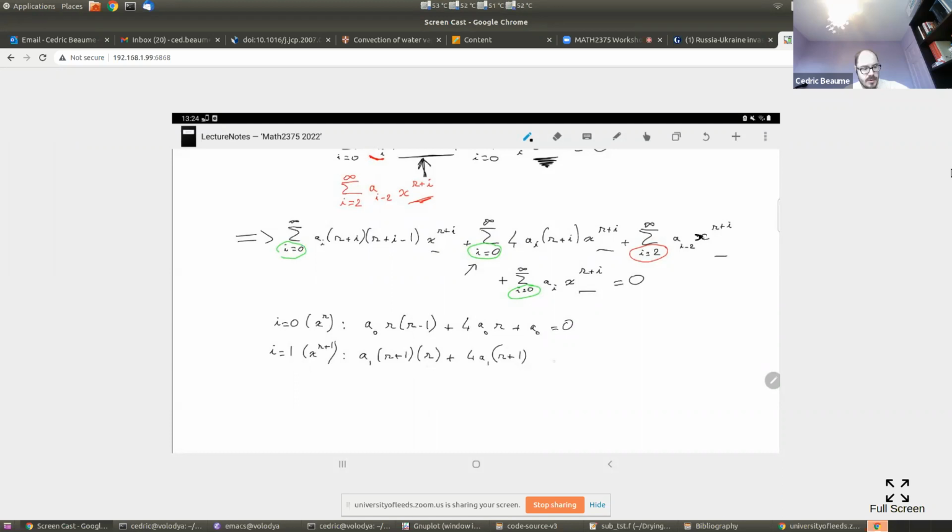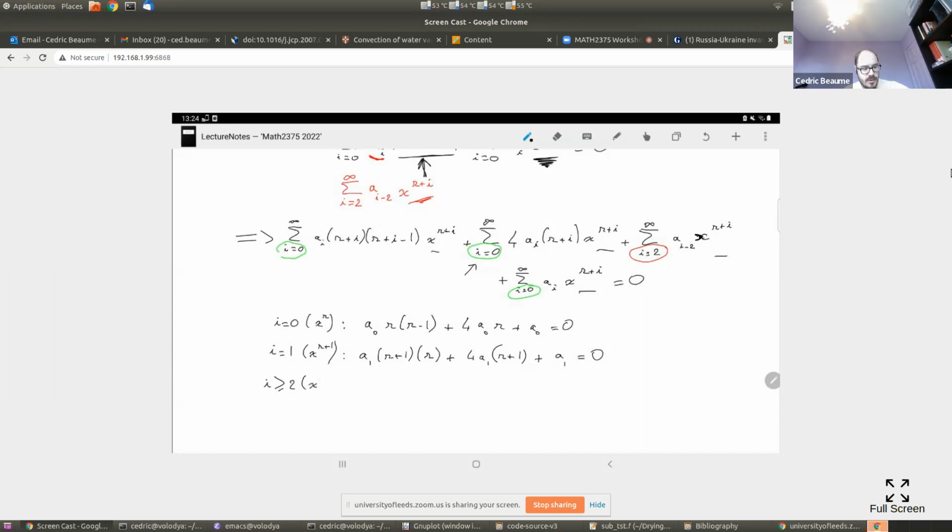The third term again doesn't have i equals 1. And then the fourth term gives me a1, and that's just it, a1. And that's got to be equal to 0. Okay? So that's our second equation. And then, as I said, the four terms can be put together. So we have i greater or equal to 2.